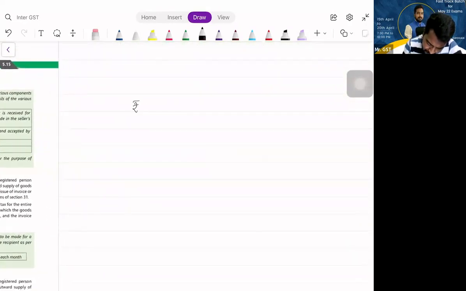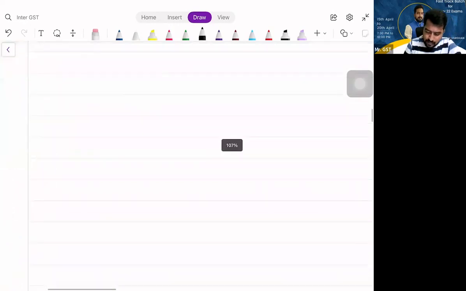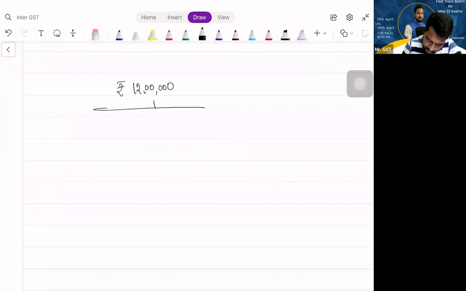Now the story here is, please understand, this transaction is related to rupees 12 lakhs. Out of this rupees 12 lakhs, you have received rupees 50,000 as advance and rupees 11,50,000 as balance payment later, correct?